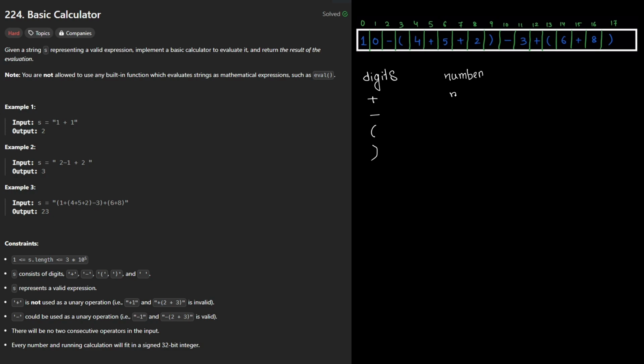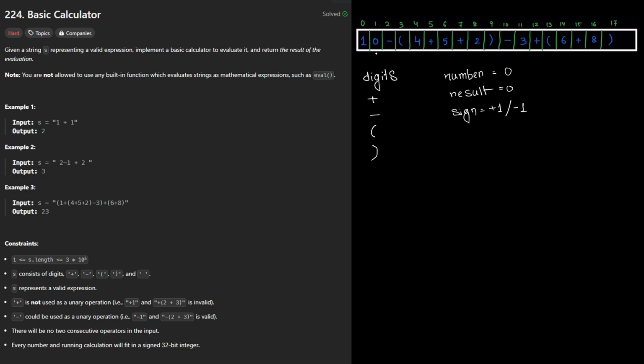Then we are going to require a result. And we are going to require a sign variable, which is going to be either +1 or -1. Initially, the number and result are going to be 0.